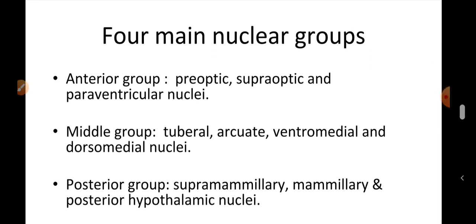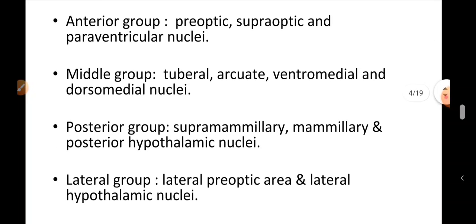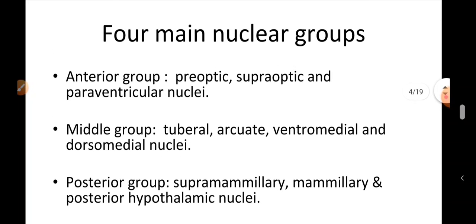So, this hypothalamus is nothing but a collection of many different types of nuclei. It consists of four main nuclear groups: the anterior group, medial group, posterior group and lateral group. The anterior group consists of preoptic nuclei, supraoptic nuclei and paraventricular nuclei.